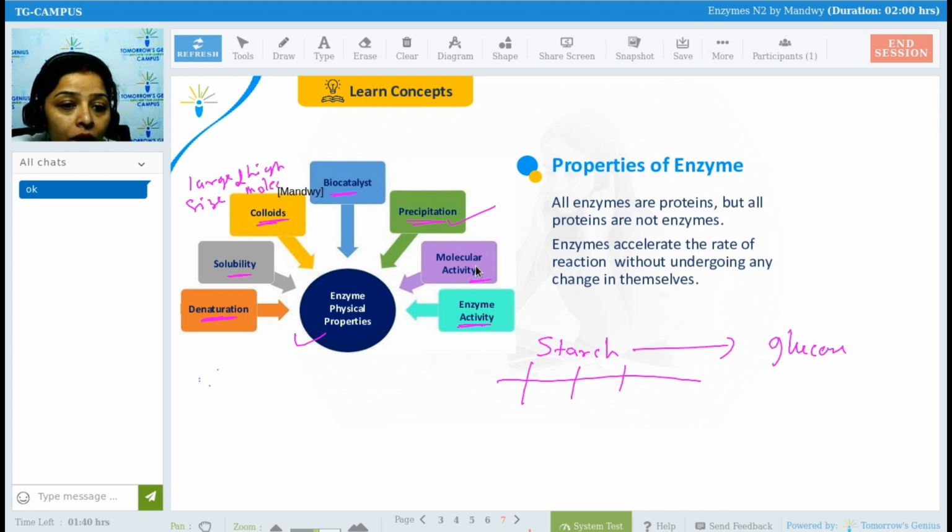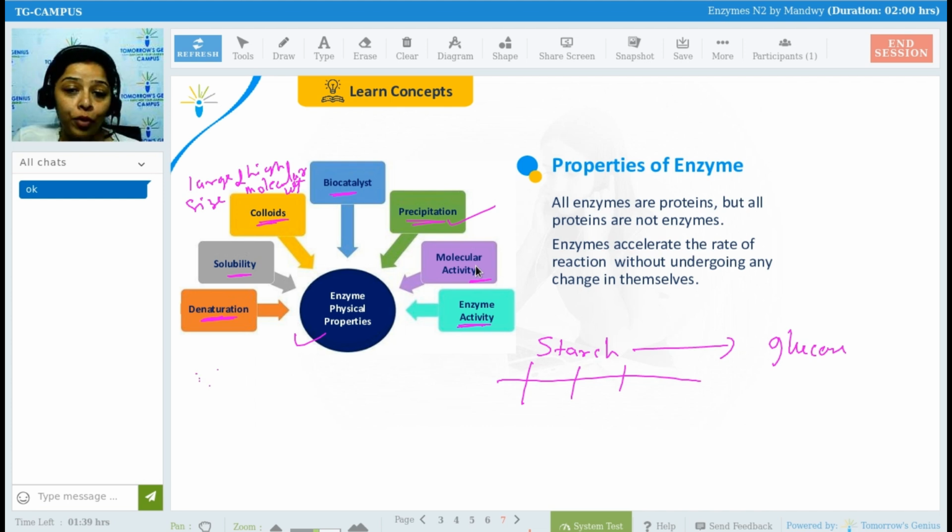Just because of their large size and molecular weight, enzymes will start behaving like a colloid. Okay. Clear? Yes, ma'am.